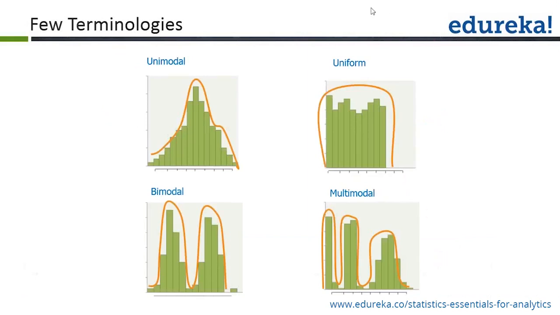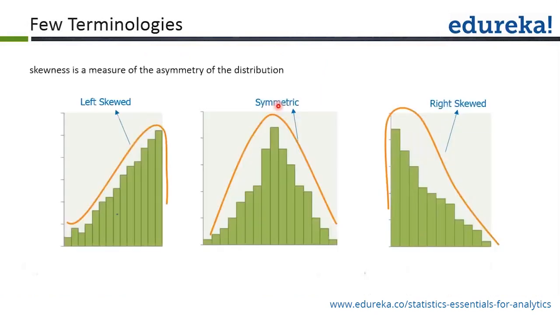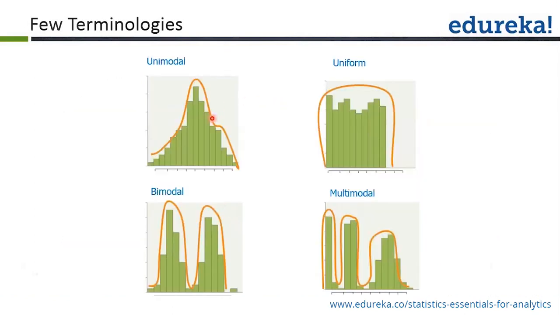One central idea which is again important is something called a unimodal distribution. When you are collecting data, as we have seen in the previous slide, you may realize that there is one peak. If there is only one peak in the distribution of data that you are collecting, that is called a unimodal distribution.